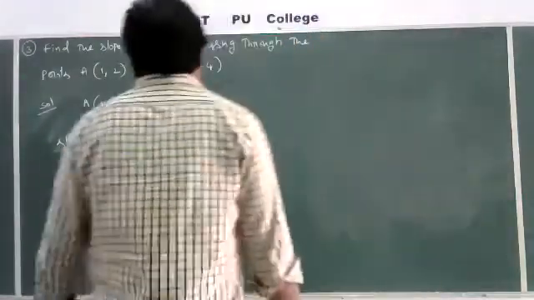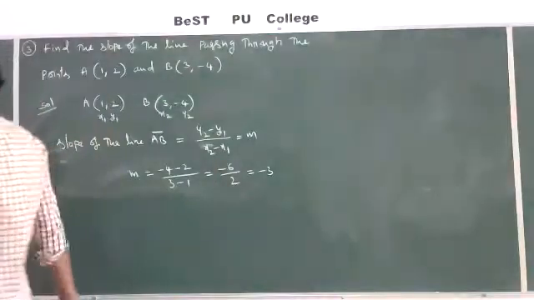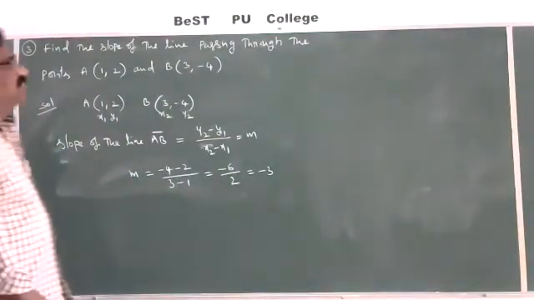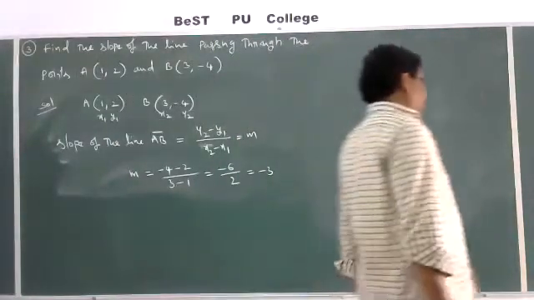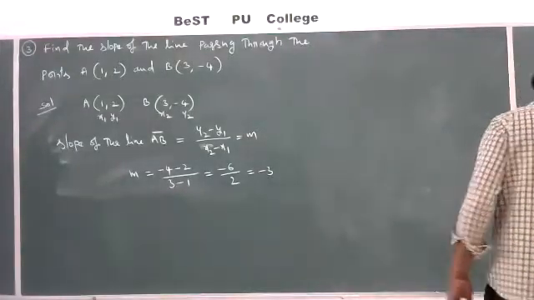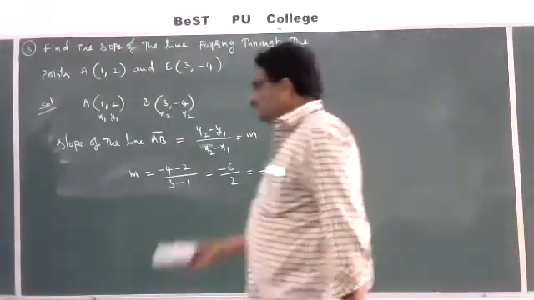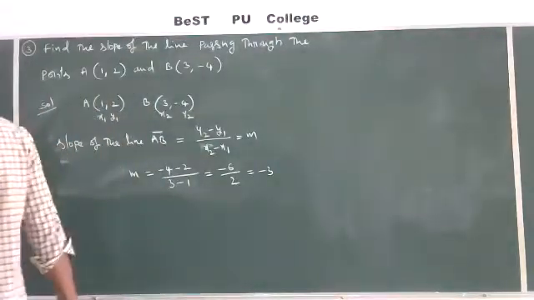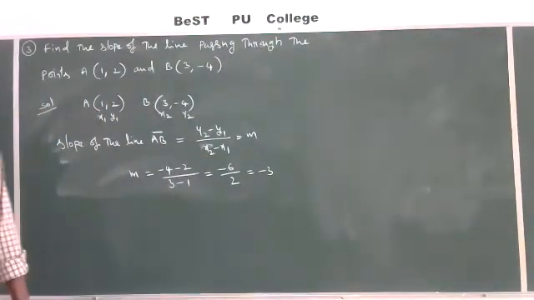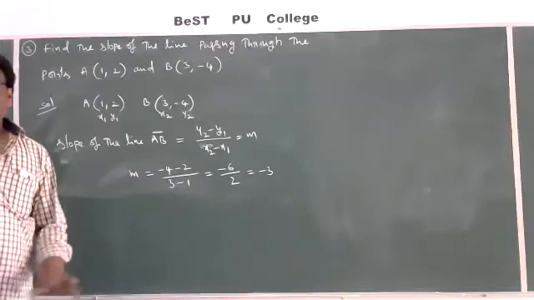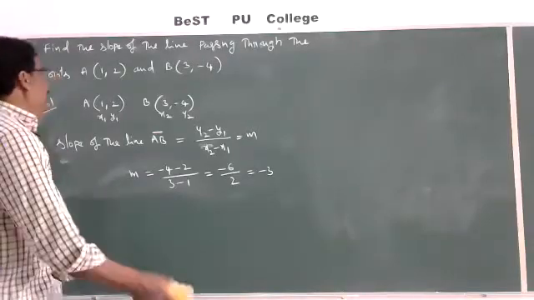So these are the problems discussed on slope of a line and inclination of a line. If we know the inclination, then we know the slope. If we know the slope, then we find out the inclination. That is the relation between inclination and the slope of a line.